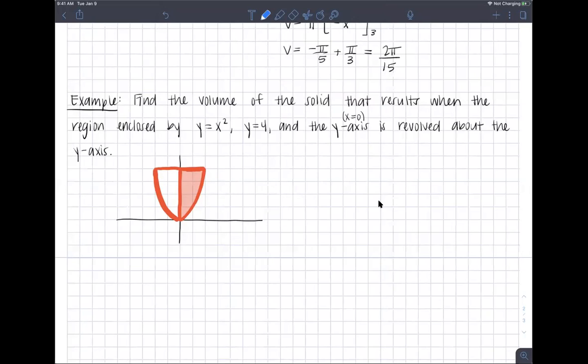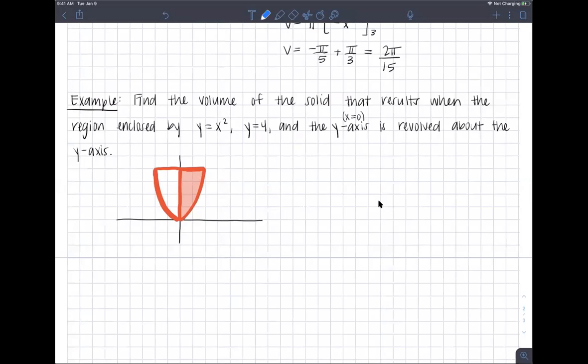So since I am revolving it about the y-axis instead of the x-axis, what are my cross sections going to be with respect to? Are they going to be horizontal or vertical? Yeah, they're going to be horizontal this time.